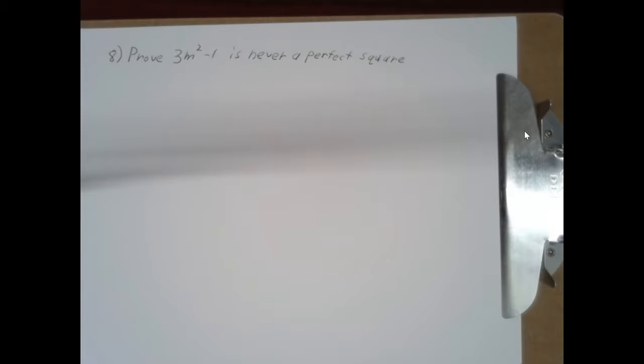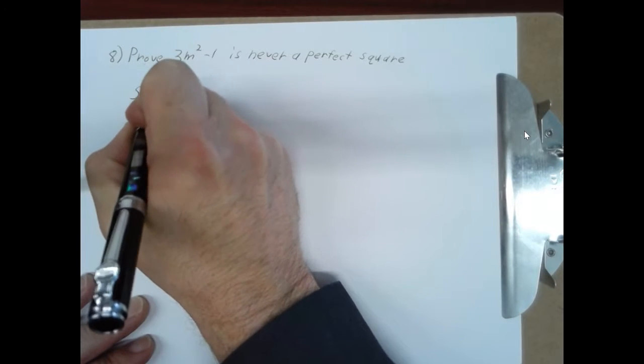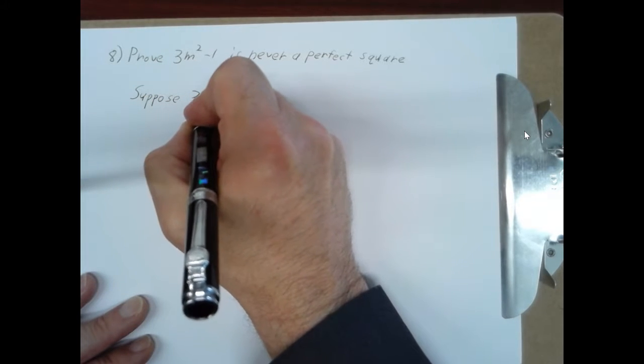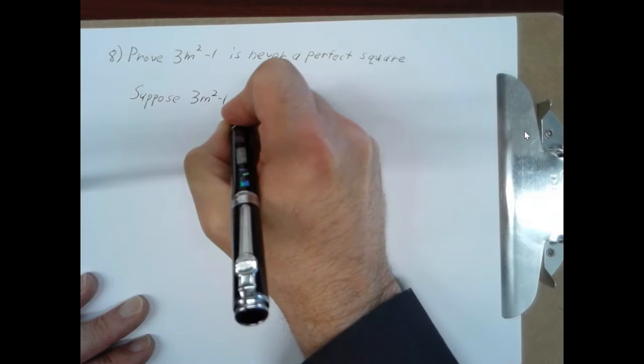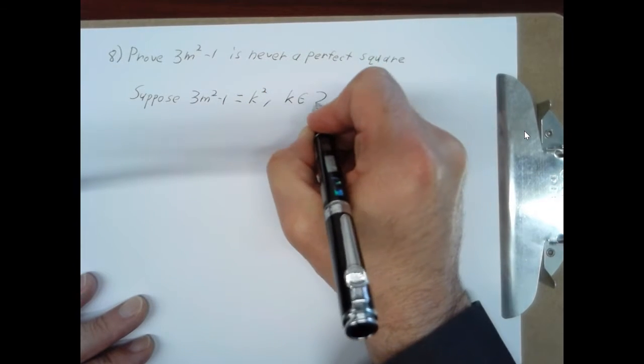But we can't really start with something that's false and then come up with things that are false. So when you're asked to show that something is false, think proof by contradiction. So suppose 3m squared minus 1 equals k squared, where k is an integer.